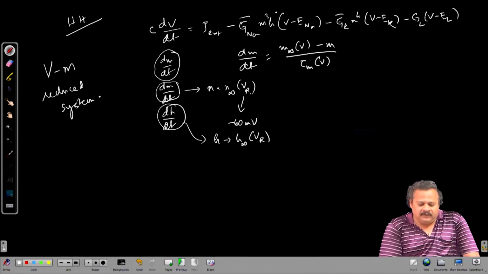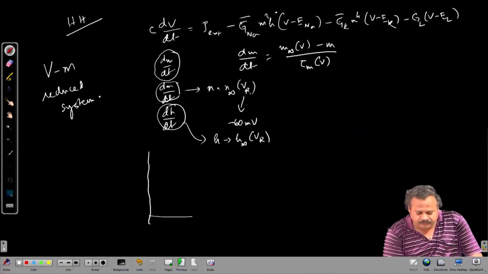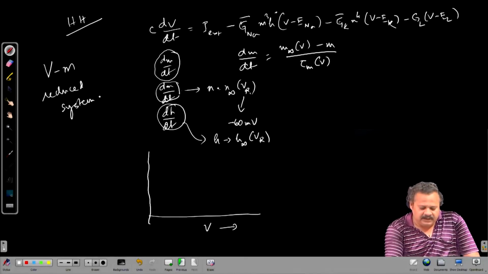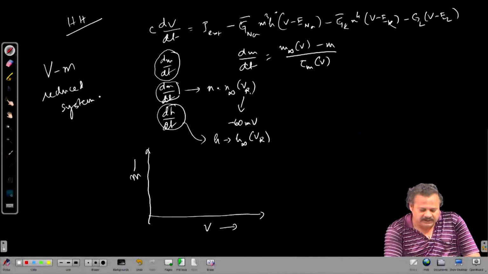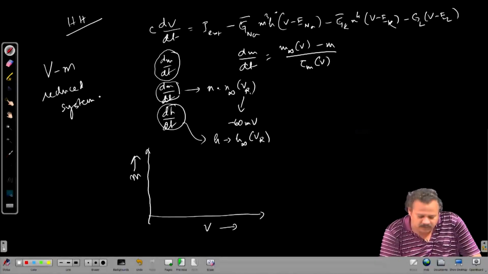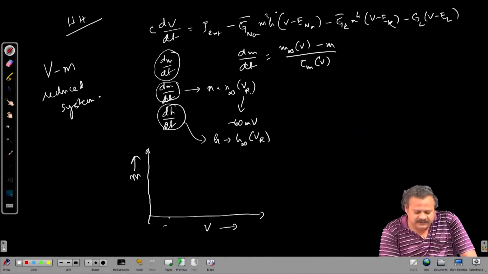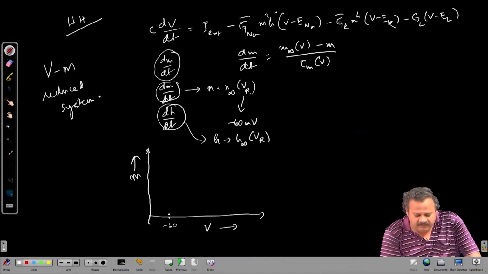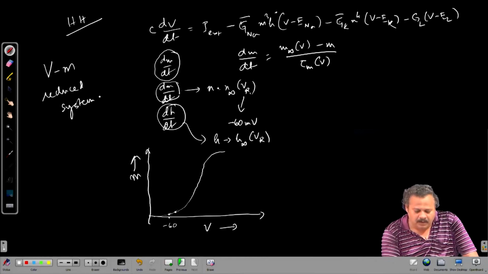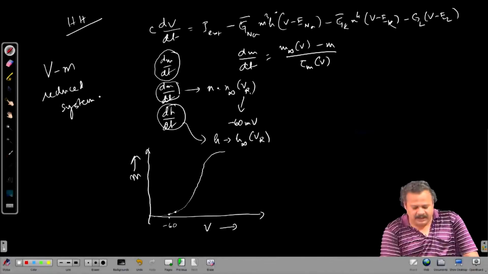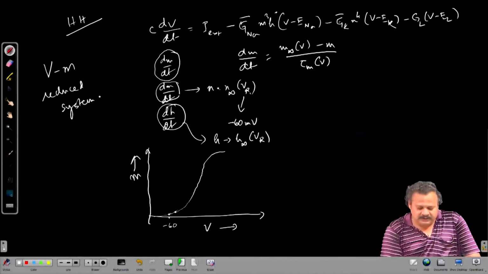So if we have the reduced system like this, and we draw the phase plane with V and m, the threshold of the system, or the V rest of the system, is around minus 60 millivolts, and we will see that we have the dm, or the m null line, to be like this, and if we use the same equations, the V null line would behave in this manner.